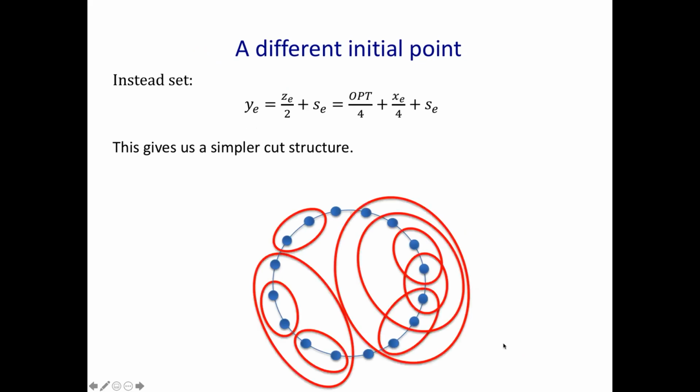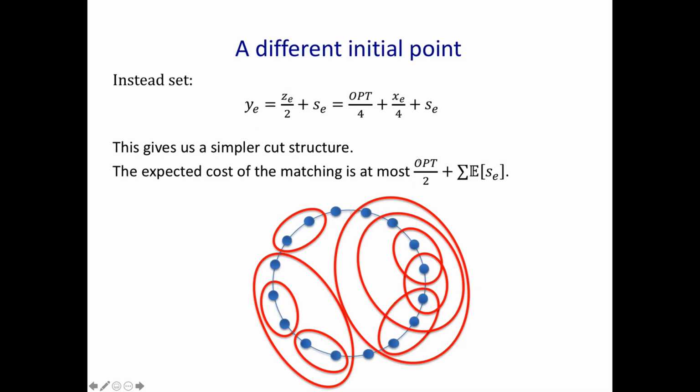So this is a possible set of near minimum cuts of z. And the expected cost of this matching is again at most opt over 2 plus the expected value of our Slack, which will be negative. And notice that at this point, we lose the ability to prove anything about the integrality gap. But so be it.